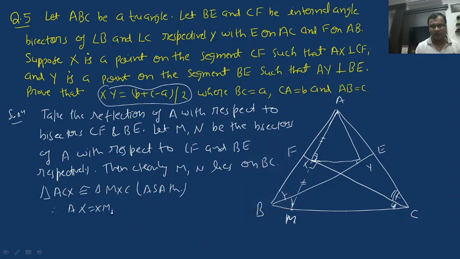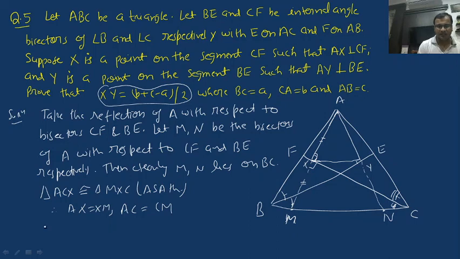And I am going to write one more condition. If these two triangles are congruent, then definitely side AC of the triangle is also equal to the length CM. In a similar manner, take the reflection. N is the reflection of A with respect to bisector BE. Then by a similar argument, N also lies on BC. And look at this triangle ABN.